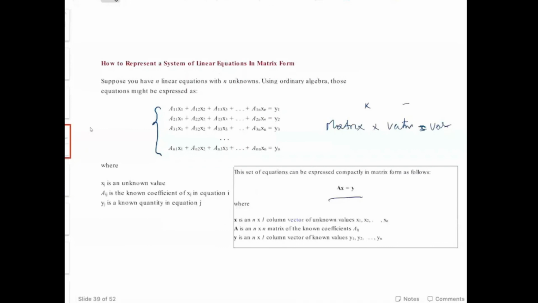If we represent our matrix with the coefficients a, then x1 up to xn will be equal to y1 up to yn. So we're taking a matrix times a vector equal to a vector.